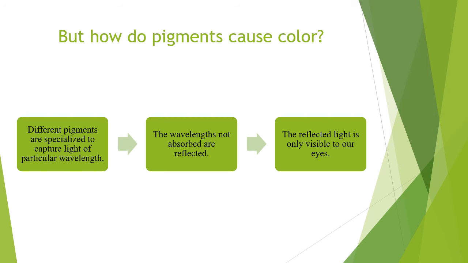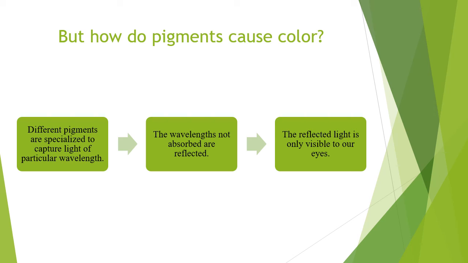But how are different colors associated with different kinds of pigments? The different pigments are nothing but biochemical compounds. They are responsible for the absorption of solar light or light energy. And these specialized compounds absorb light of only a particular wavelength.